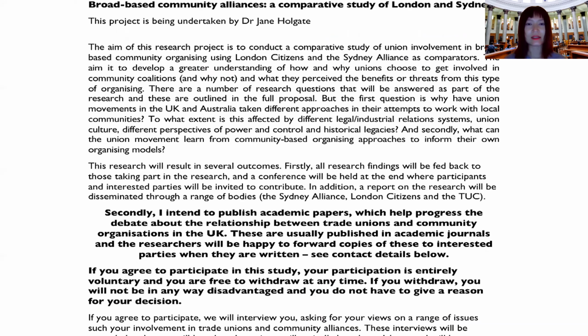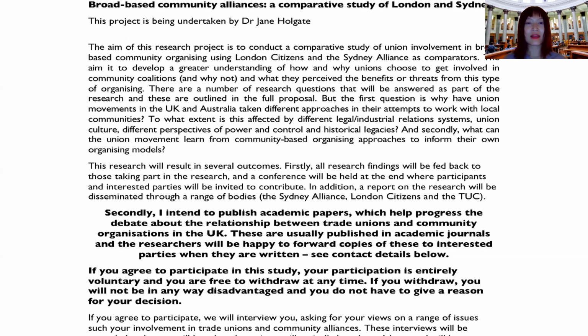Okay, so this is a zoom-in of the information sheet. As we can see from this example, the information sheet includes a couple of pieces of information: the title of the research, the name of the researcher, the aim of the research, and how the research findings would be produced or reported.